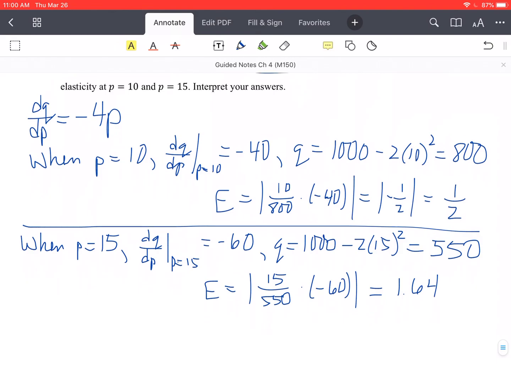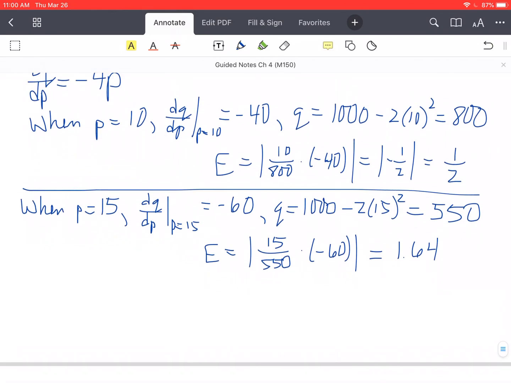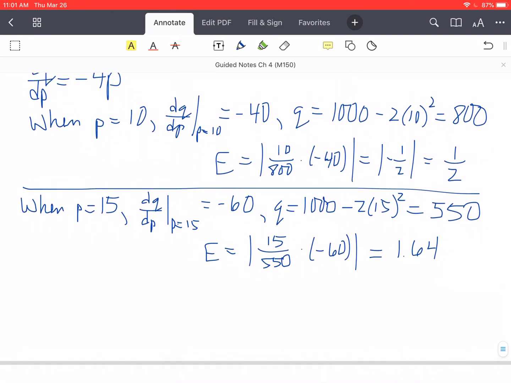So if we look at these results and interpret what these mean. So let's look at the case when P is 10 first. So when P equals 10, when the price is $10, elasticity is 1/2.